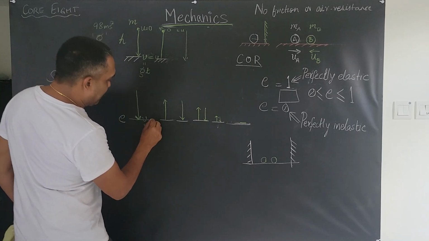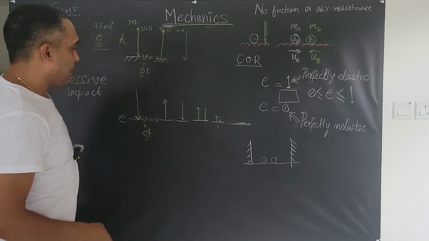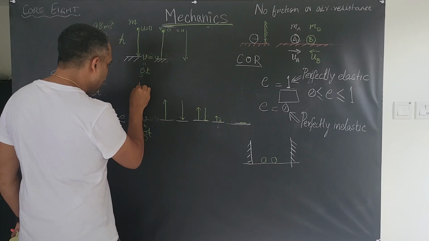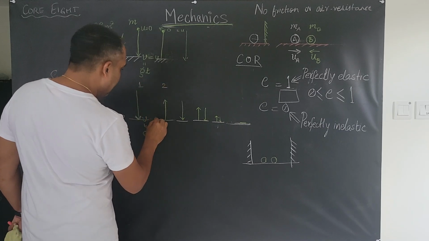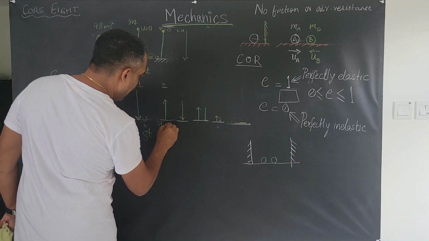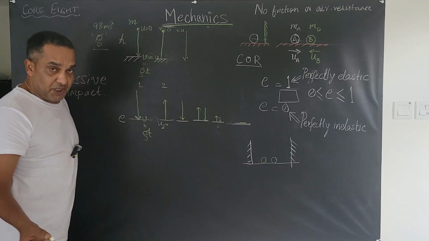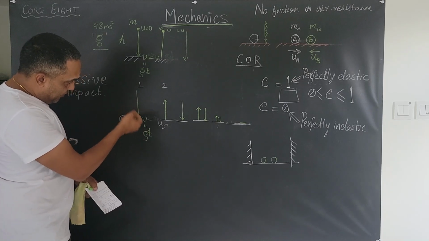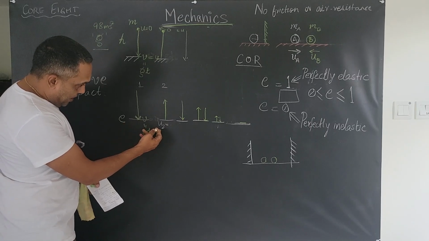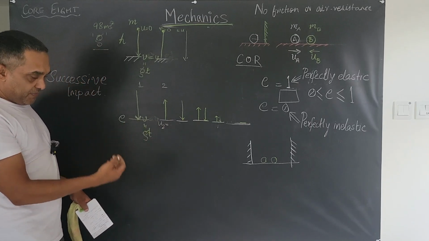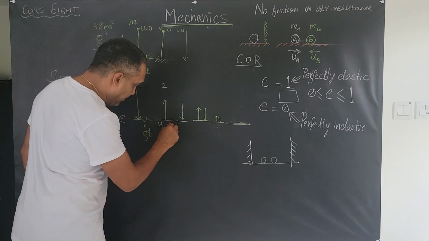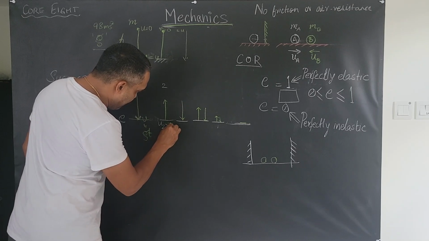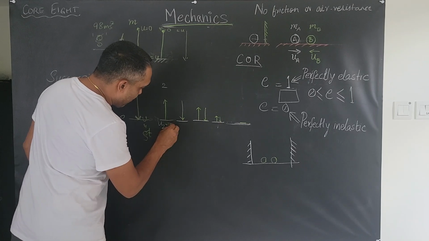However, I do not equate it to U here because the new U for this phase, this is phase 1, this is phase 2, the U for phase 2 will be equal to, with coefficient of restitution, separation divided by approach is E, so separation is equal to this value V of phase 1 times the coefficient of restitution.